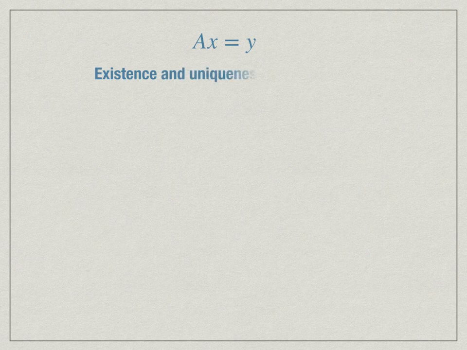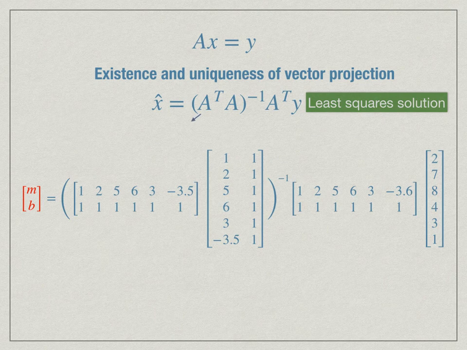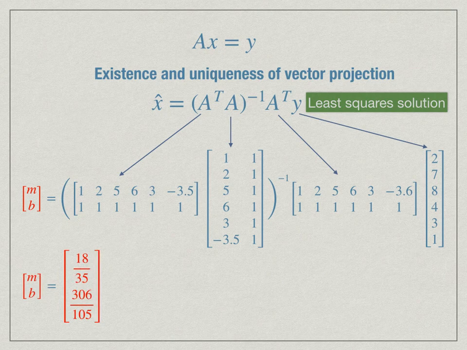Using the equation Ax = b and the theorems of existence and uniqueness of vector projections, we can find the least squares solution x hat, which is: take A transpose A, take the inverse of the product, multiply by A transpose, multiply by y, and you get the vector (m, b). And using the values of m and b, you can create the line of best fit for the 6 points.